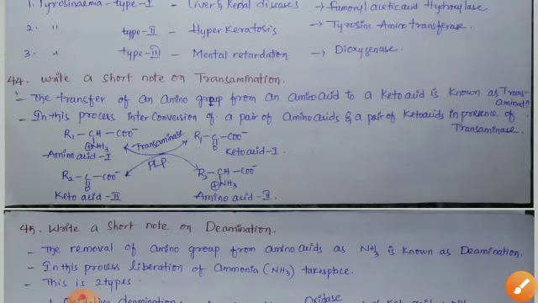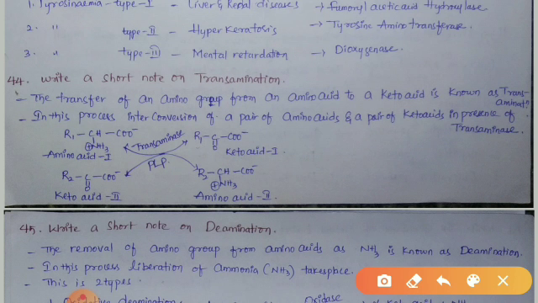Write a short note on transamination. So transamination is the transfer of an amino group from an amino acid to a keto acid. In the process of transamination, interconversion of a pair of amino acids and a pair of keto acids takes place.